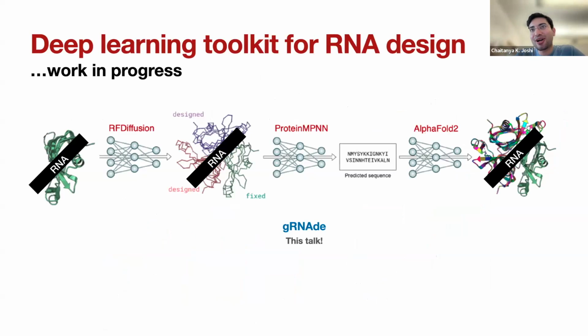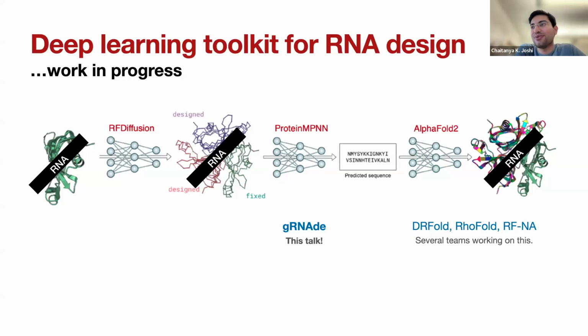So this talk is about gRNAde, which is our equivalent of ProteinMPNN, the inverse folding part of this pipeline. But we know that several teams are working on AlphaFold for RNA. Well, there's the new AlphaFold, which does RNA as well. And based on its performance, we also know that this is a really difficult problem.